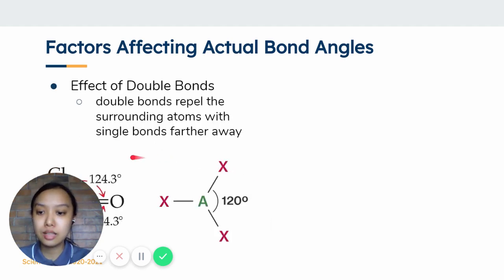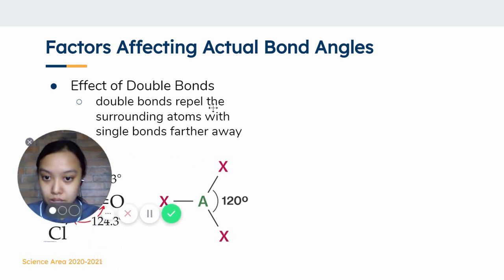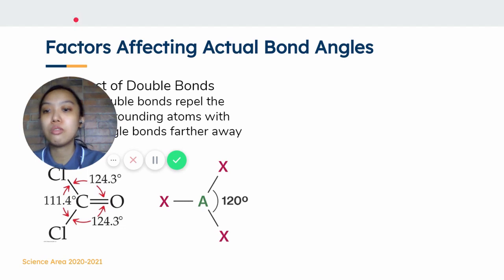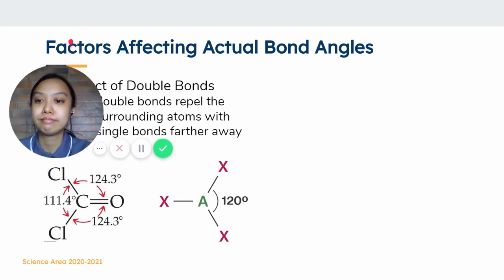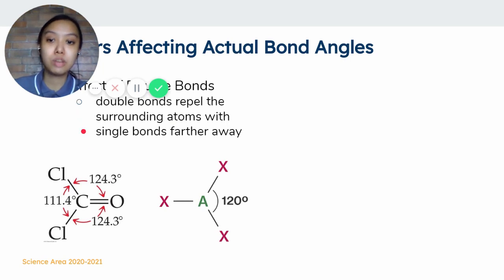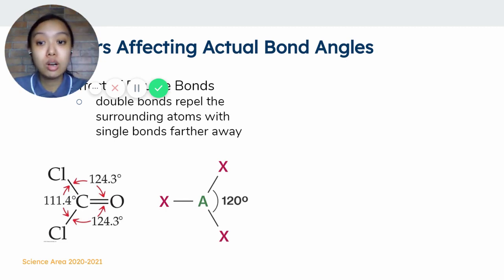And aside from that, there is a tendency for double bonds to affect their surrounding atoms. They tend to push single bonded atoms away.